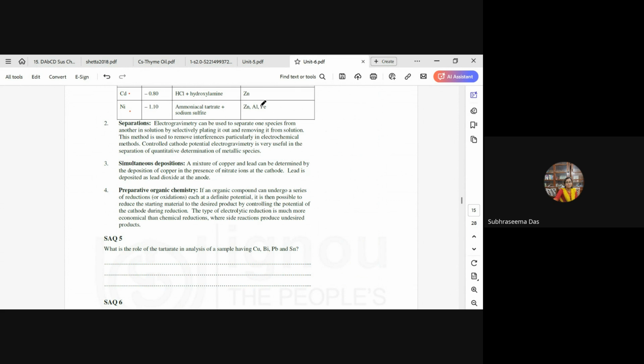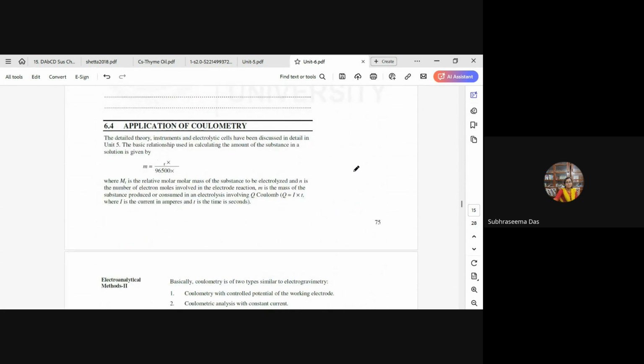Also, electrogravimetry has been used to analyze the mixture of copper and lead in the presence of nitrate ions at the cathode. And electrogravimetry has also been used in preparative organic chemistry towards the preparation of a number of new organic specimens.